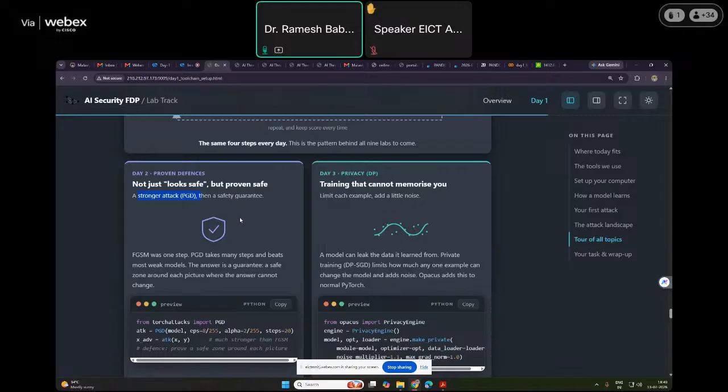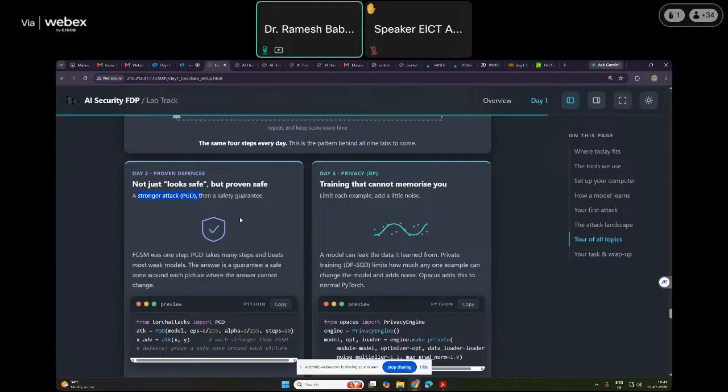What do I mean by proven safe? One argument you can give is your defense is good, but can you guarantee that your defense is going to work well for most of the scenarios? That is the part which is highly novel, that you can guarantee exactly your defense is going to work in most of the cases and scenarios.